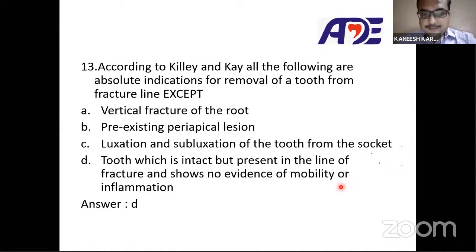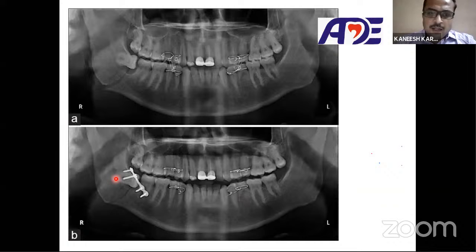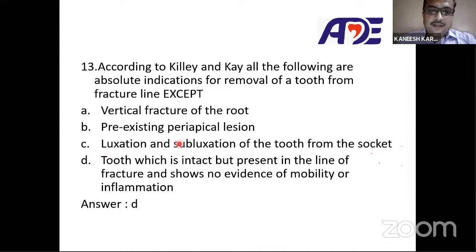So if there is a tooth which has no mobility, is not infected and not fractured, then we may keep the tooth in place and just put a plate over the fracture. We will not remove the tooth. But if the tooth is fractured, then we will remove the tooth and then plate the fracture.